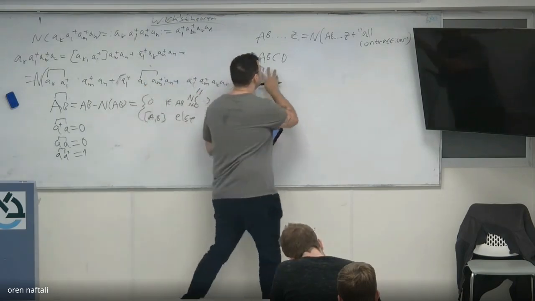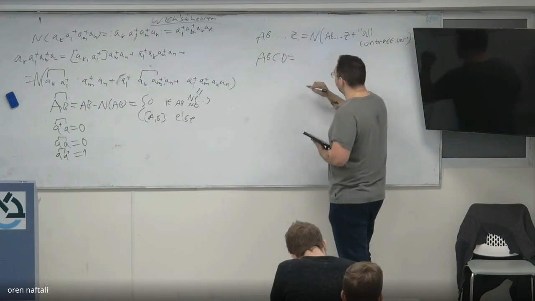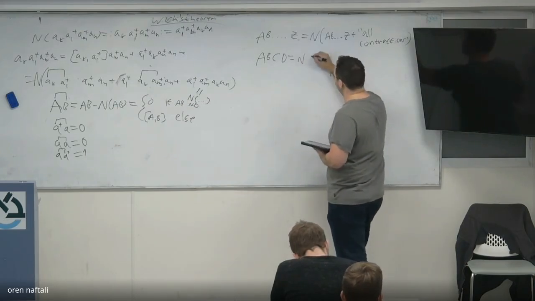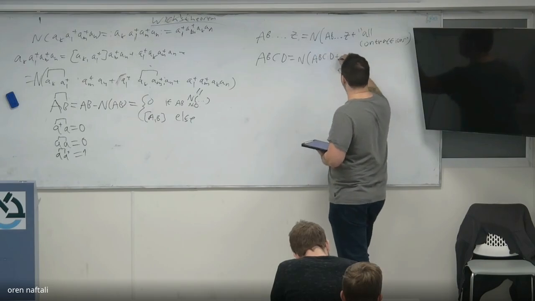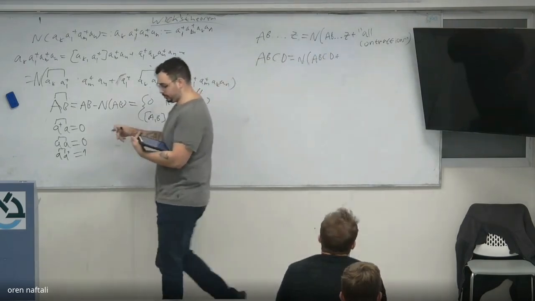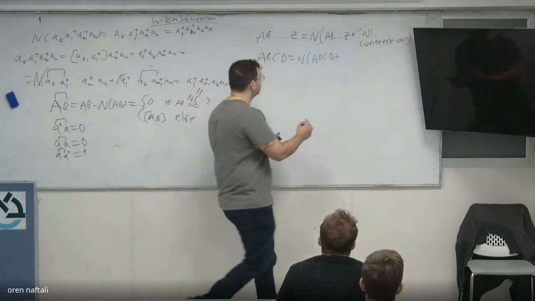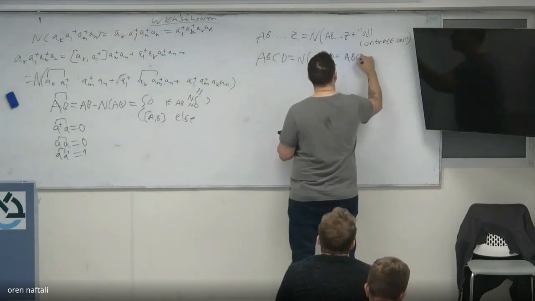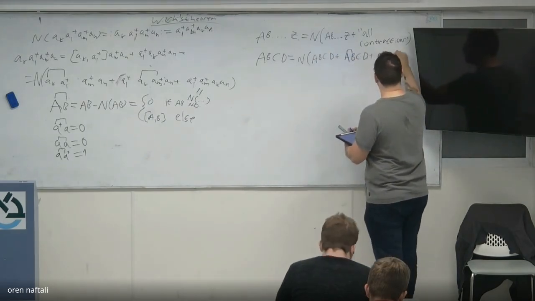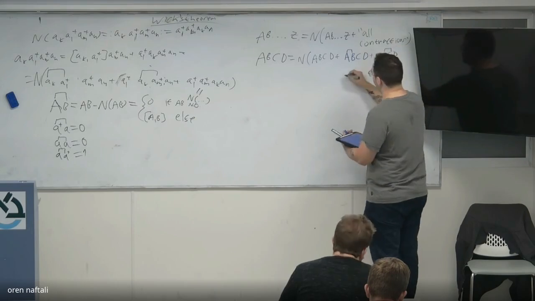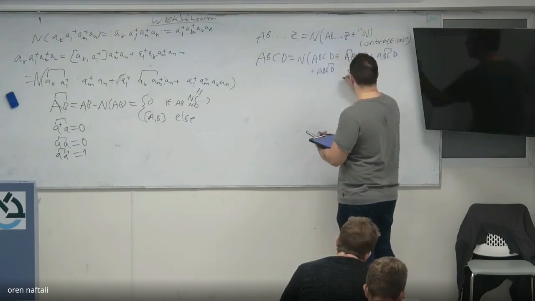For example, if we have A, B, C, D, the theorem tells us that we can write them as normal order A, B, C, D, plus, I'm going to use a different marker for this one, A, B, C, D with one contraction here, plus another contraction here.